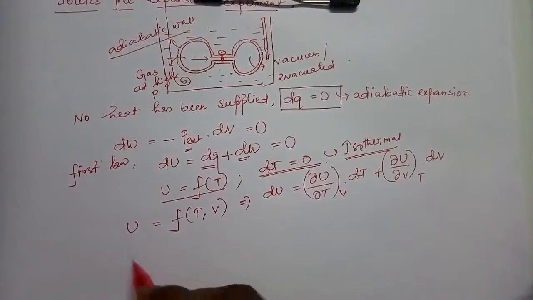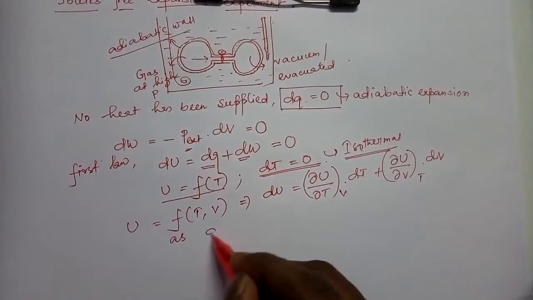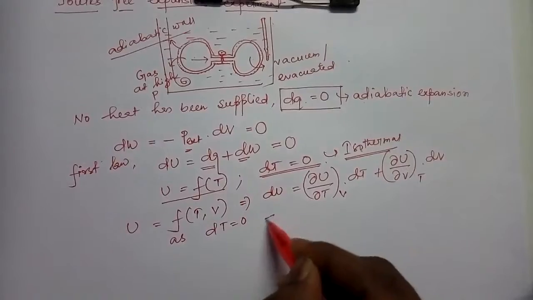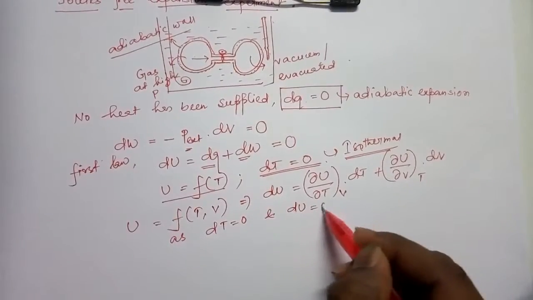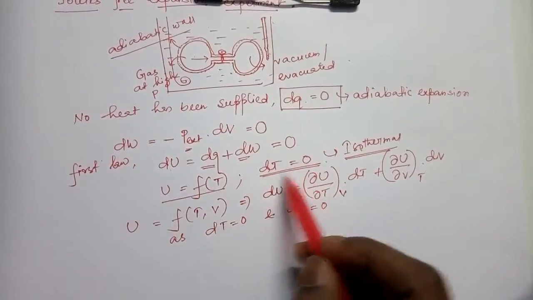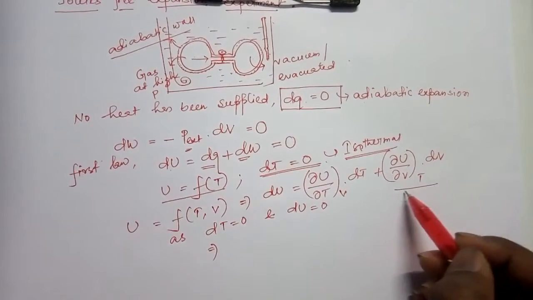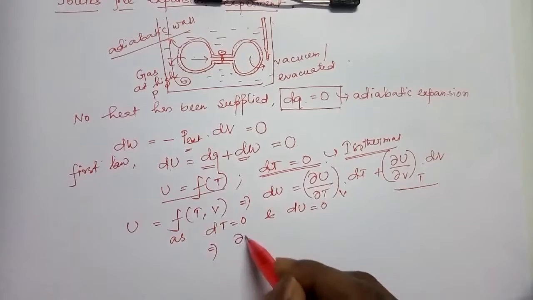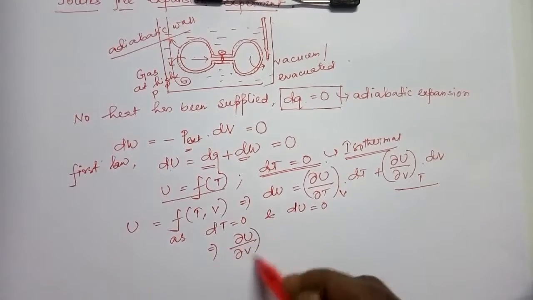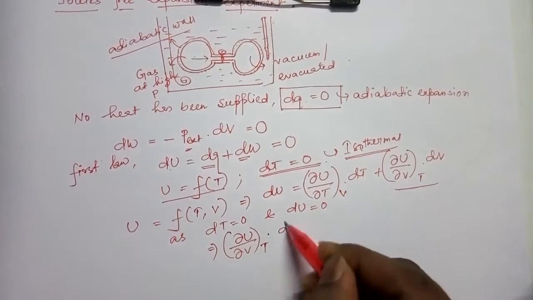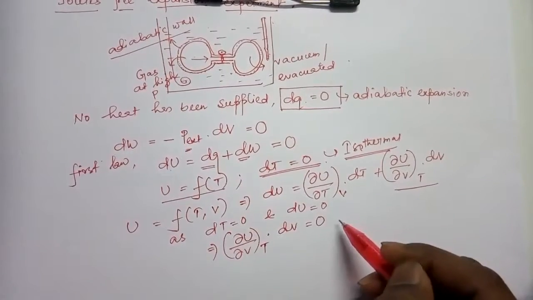Now as dT equal to 0 and dU equal to 0, we already proved that, this term must be 0, so del U del V at constant T into dV equal to 0.